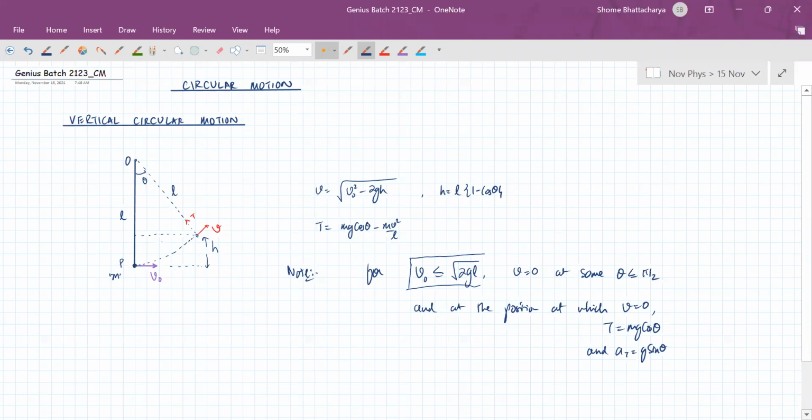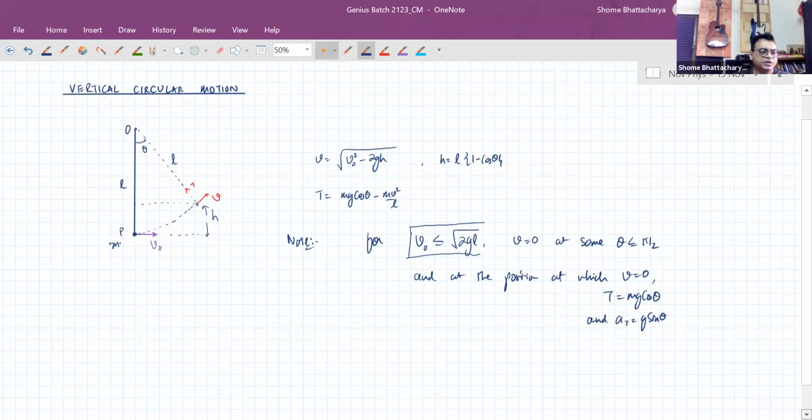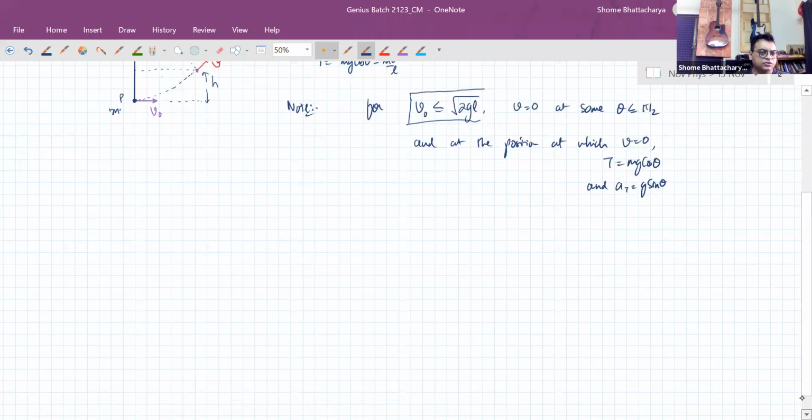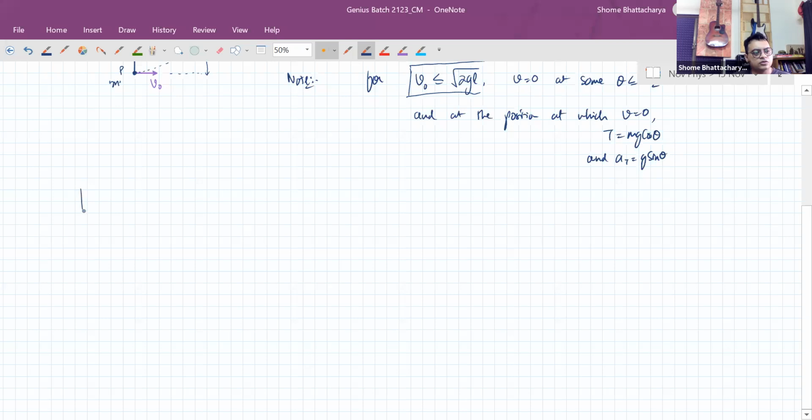Okay, so now let's see what happens if we make the velocity more than root 2gl, so it crosses the 90-degree position. So for V naught greater than root 2gl, the particle crosses or goes beyond.